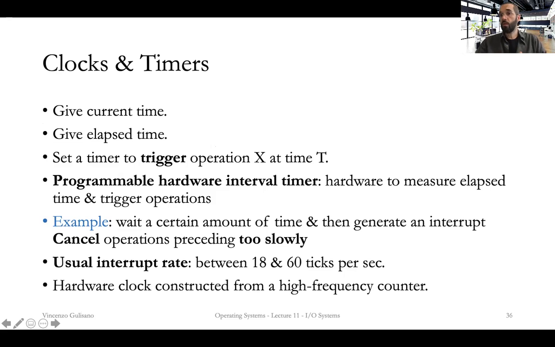Then you have completely different types of devices that are clocks and timers. So you will probably need to define APIs that you can use either to keep track of the elapsed time or basically the current time, but also to set triggers when a certain amount of time expires. Okay, and we discussed this when we were discussing processing, right?